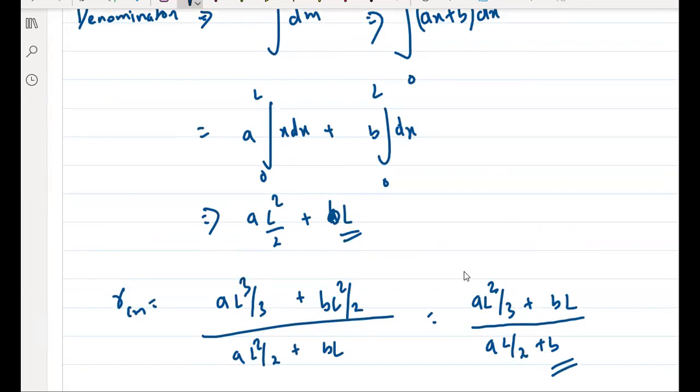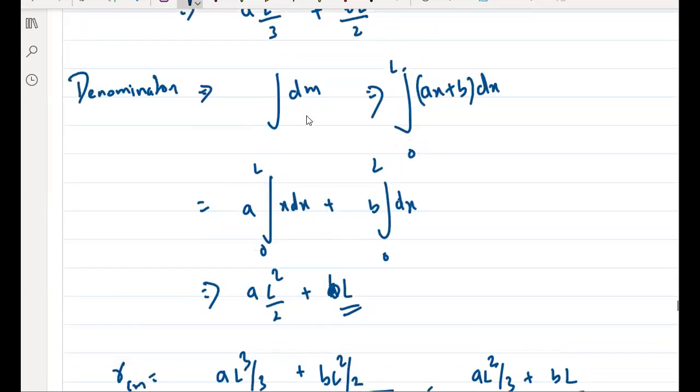This is just a problem. Everyone, I hope all of you understood this concept. Raise your hand. Because in today's problem solving class, we will discuss problems based on this. Sampada, when you talk about the denominator, it is just the integration of dm, and dm is lambda dx.